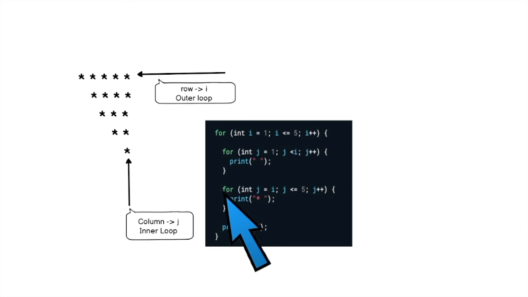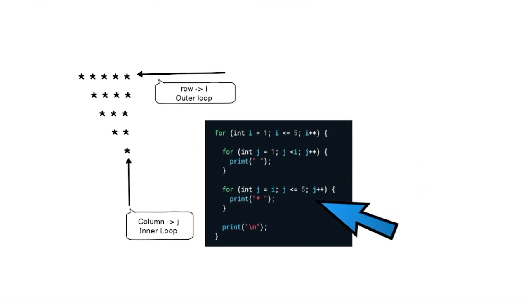So again, for asterisks, let's see the pattern here. We have to understand the pattern. On the first row we have 5, on the second row we have 4, on the third row we have 3, on the fourth row we have 2, and on the fifth row we have 1. But the value of i goes from 1 to 5, and we need 5 to 1.